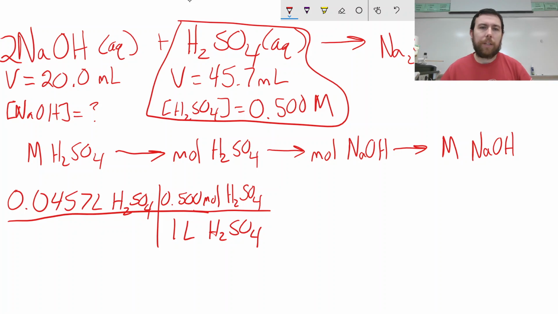And again, all I did there is take the volume of the sulfuric acid and multiply it by the molarity that they gave me of the sulfuric acid. So that gets me from liters of sulfuric acid to moles of sulfuric acid.